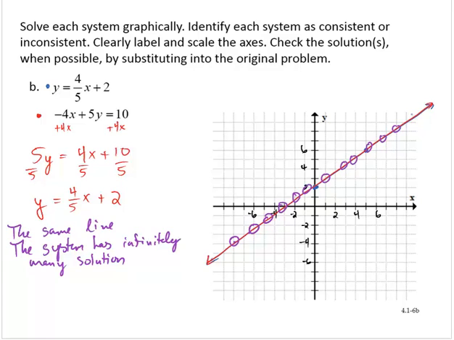So each one of those points is a point of intersection of the two lines. So this system is called consistent, and the lines are called dependent, or the equations are dependent.